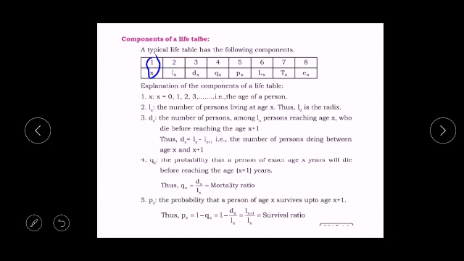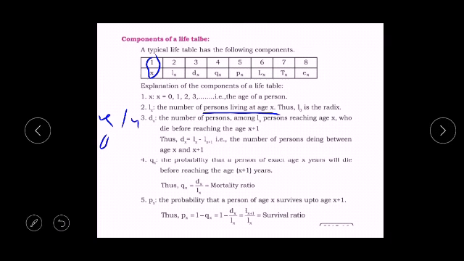So the first column X indicates the age of the person. Second column, small lx, is the number of persons living at the age X. So it indicates how many people are living at that particular age. Suppose you take an example, age X is 0 and lx indicates 1000 children born. So at age 0, 1000 children are there in the life table.